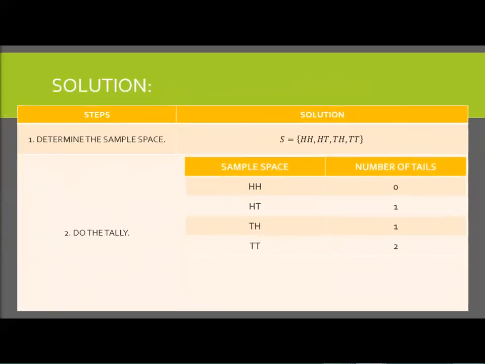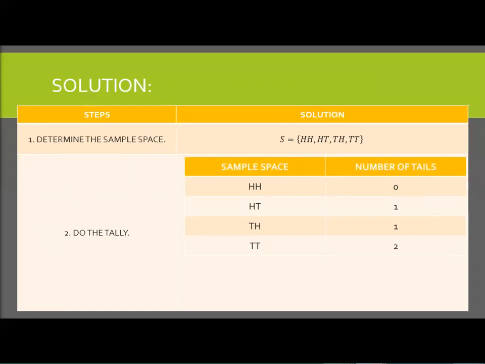Step 1, determine the sample space. Kanina, alam na natin yung sample space. The sample space is head-head, head-tail, tail-head, and tail-tail. And we also did the tally na. The second one, we have the sample space and ilan yung number of tails niya. So, we're done with step 1 and step 2.